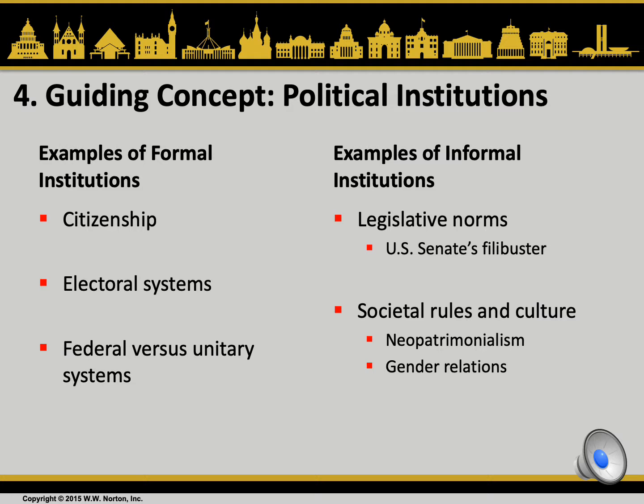Once again, institutions, particularly political institutions, are those elements of a domestic environment that are not normally frequently changing. Some examples of formal and informal institutions are listed here. Citizenship, of course, and electoral systems, which we'll talk a lot about further in the course. Federal versus unitary systems, how much a central government divests power or not.